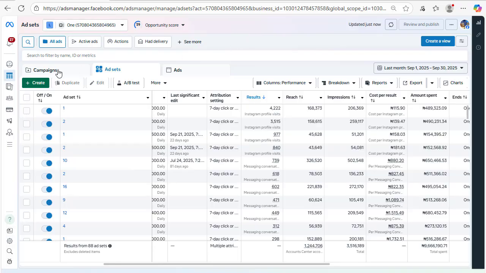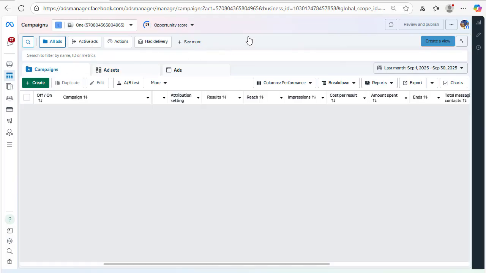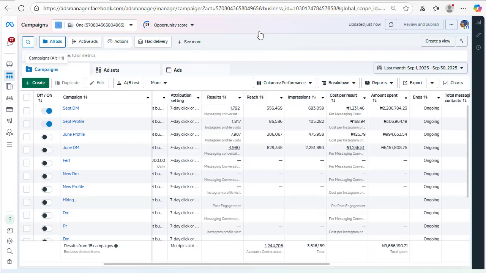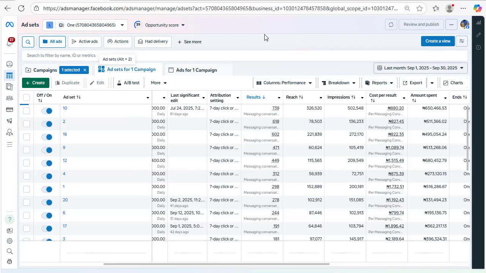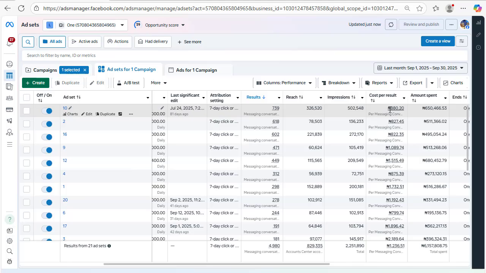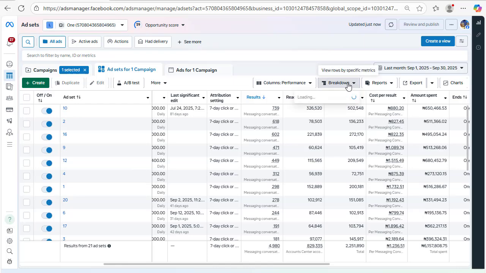So let's say you want to do analysis now. Let's say for this June DMs now, I want to see exactly the ads that gave very good traction, or gave me, okay, like this advert that did this particular amount. So this breakdown is where you're able to check the analysis.